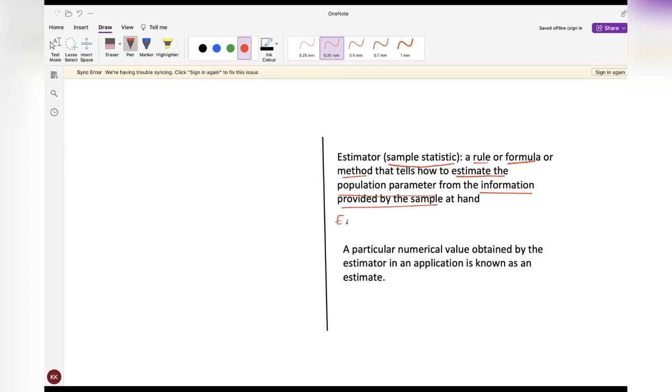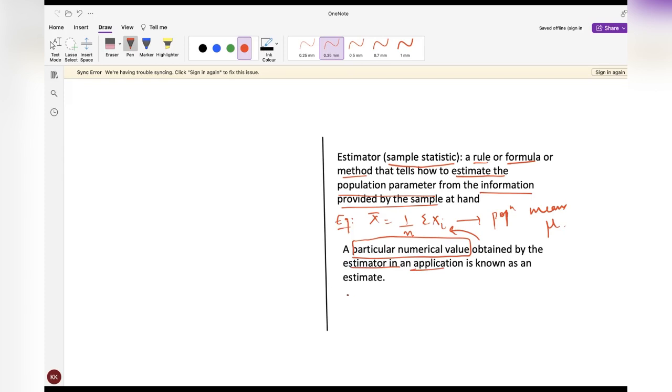For example, the sample mean, which is 1 upon n summation of xi, estimates our population mean mu, right? But when we get a particular numerical value from the estimator in application, when I put numerical values in this formula, the particular value that I achieve is known as an estimate.